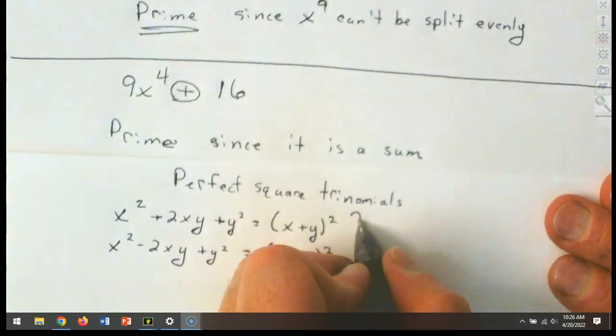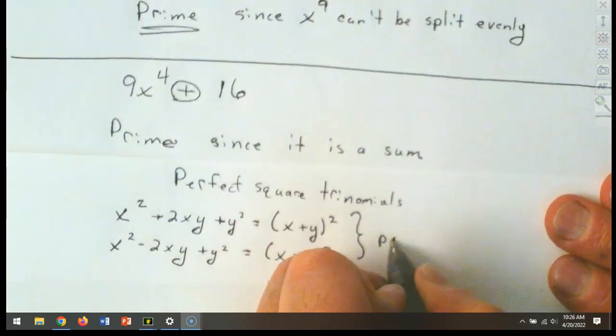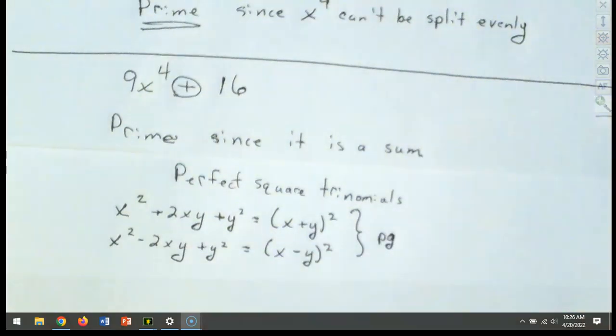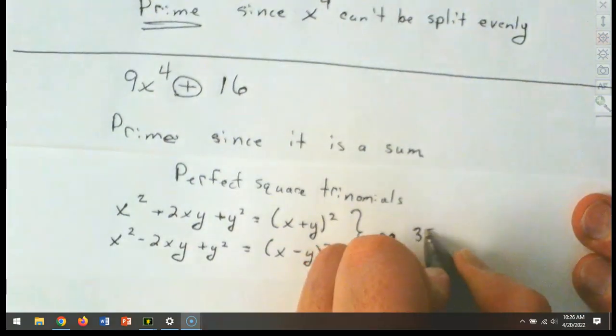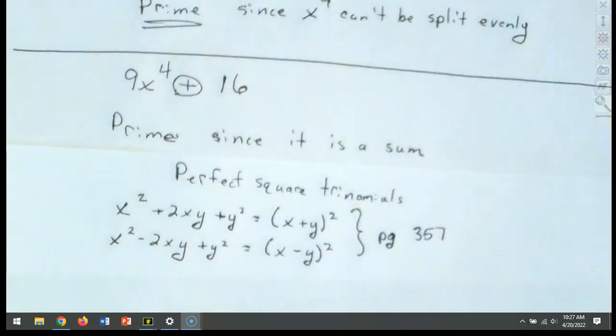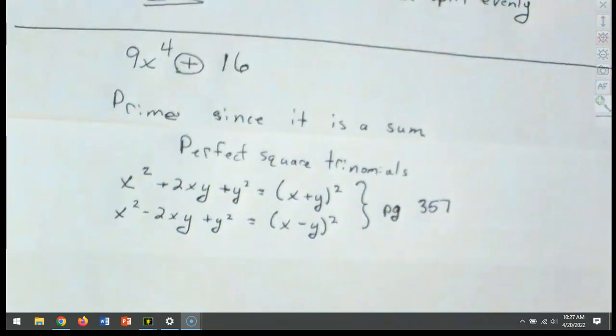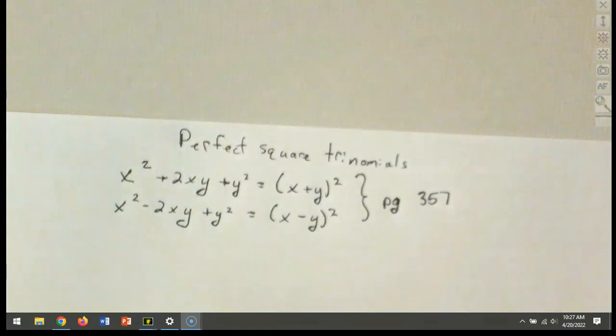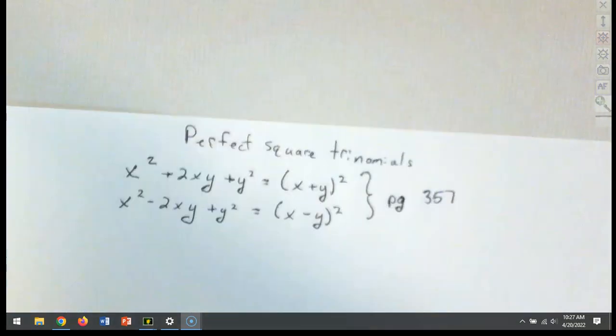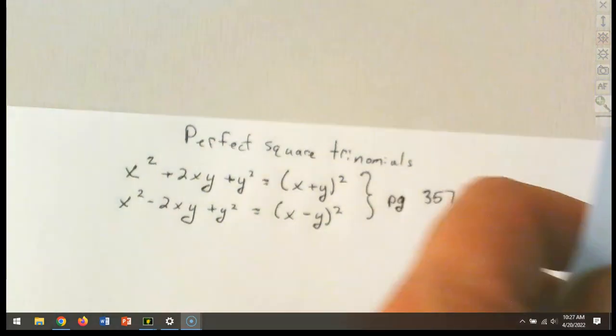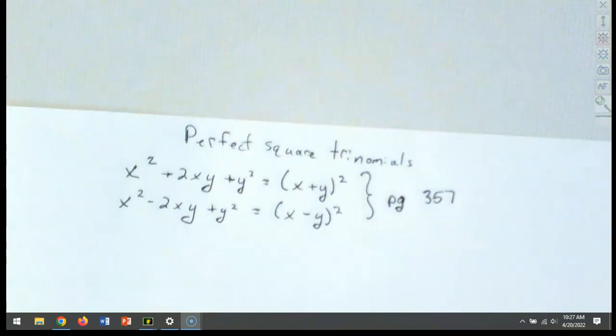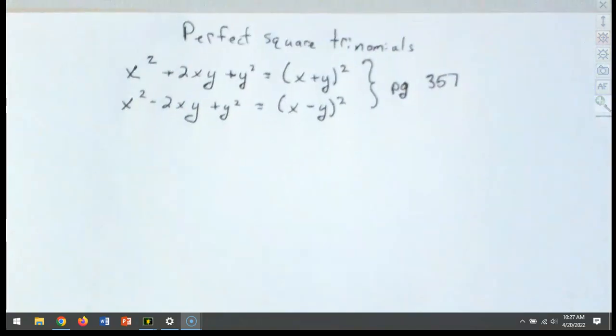And these, by the way, just so you know, are going to be in your textbook on page 357. They're going to work just like the difference of squares.